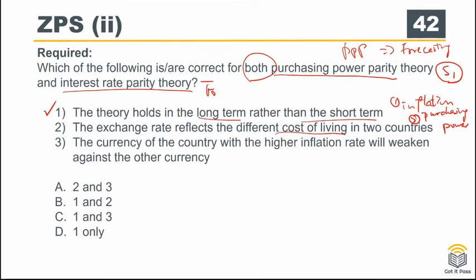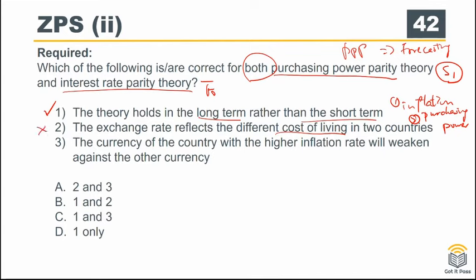We mention only cost of living. So here it only applies to purchasing power parity. In other words, it is not a statement explaining the interest rate parity theory.